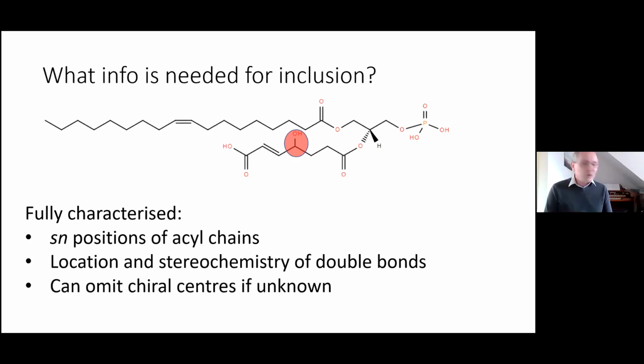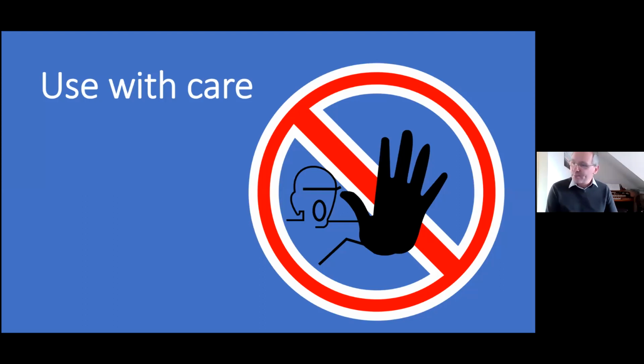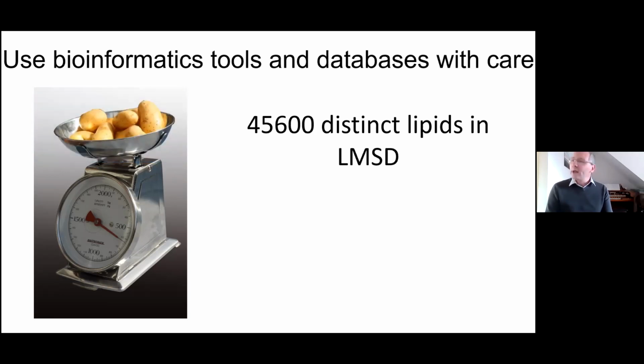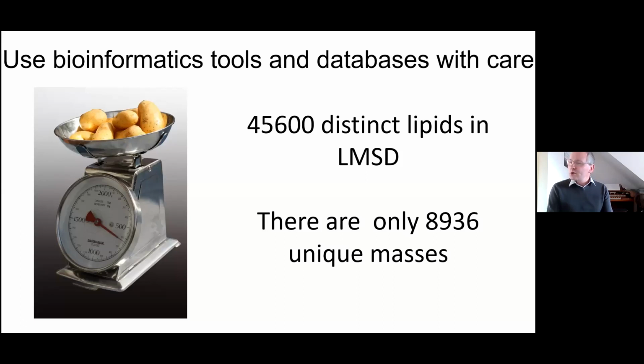I'm going to finish with some warnings that all databases and bioinformatics tools in general should be used with care. We have over 45,000 distinct lipids. They equate to only just short of 9,000 unique masses.